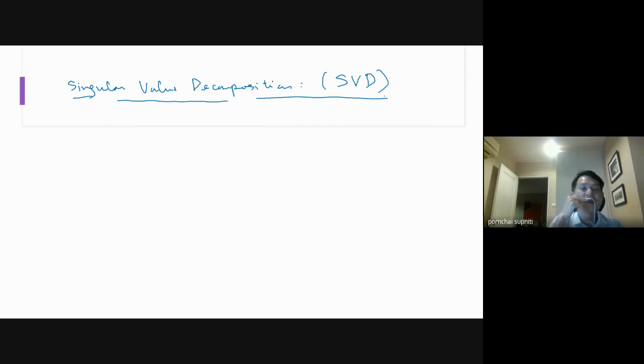So how is it different from the decomposition that we saw earlier today? Singular value decomposition is used to decompose a matrix A that doesn't have to be a square matrix.